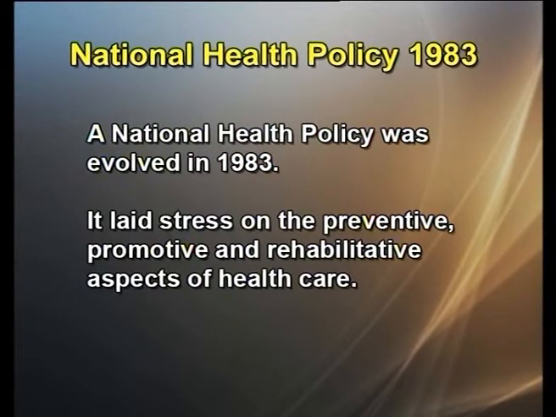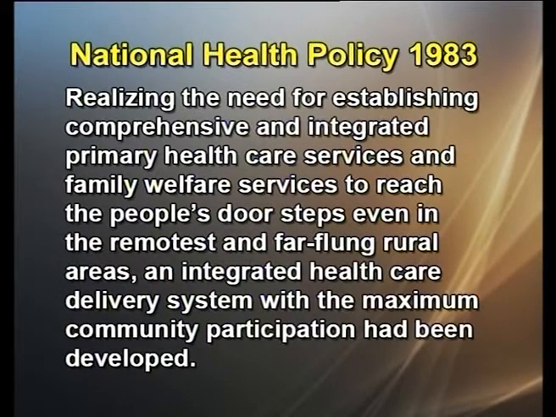It laid stress on the preventive, promotive and rehabilitative aspects of health care, realizing the need for establishing comprehensive and integrated primary health care services and family welfare services to reach the people's doorsteps, even in the remotest and far-flung rural areas. An integrated health care delivery system with maximum community participation had been developed.